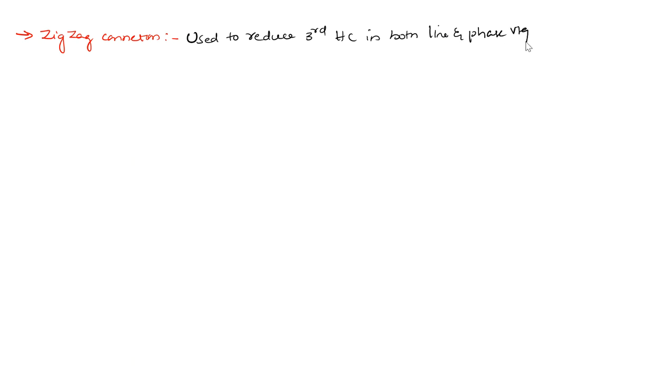The next important point is the zigzag connection. The important point about the zigzag connection is that it is used to reduce the third harmonic content in both line and phase voltages.